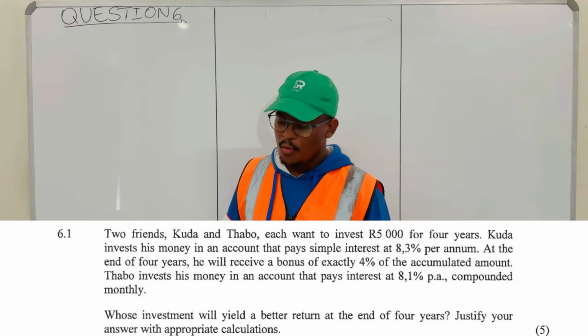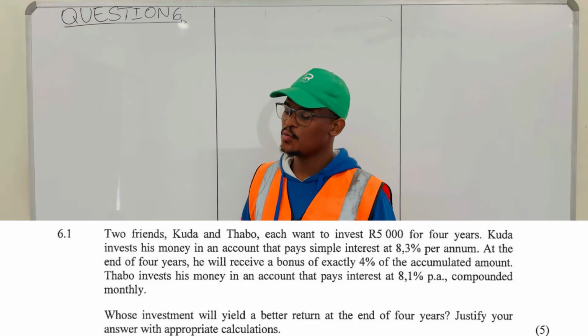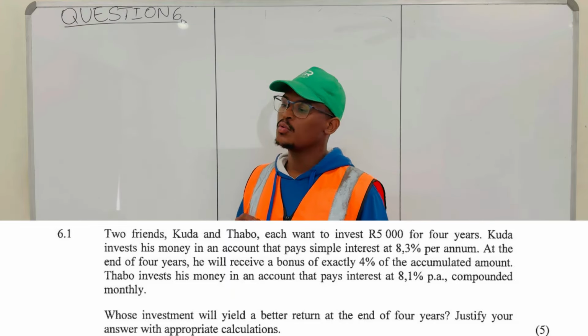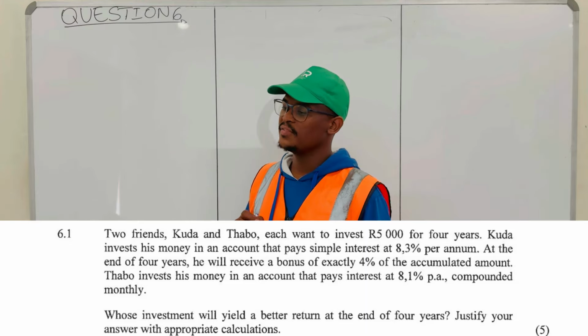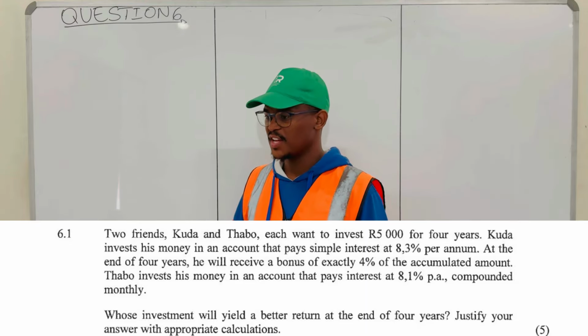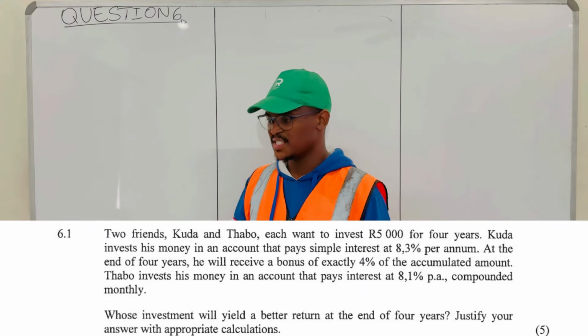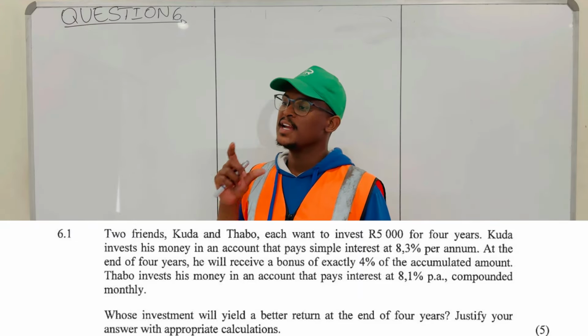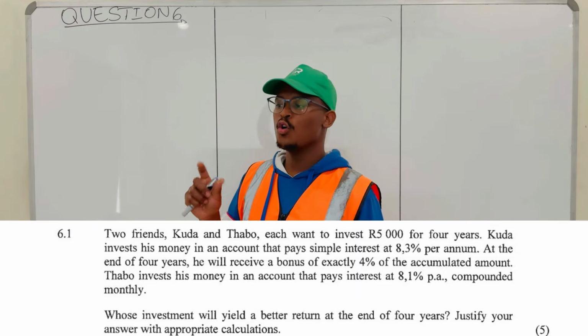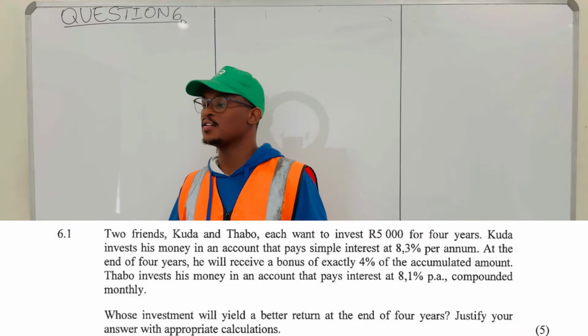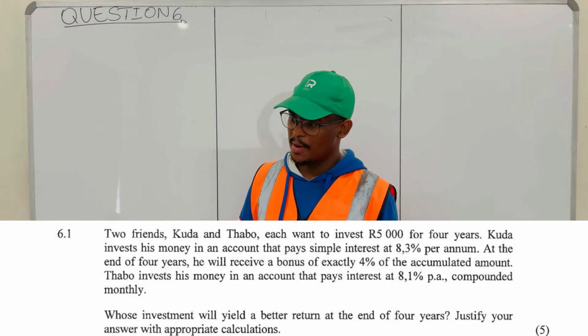What they're saying essentially is, we have two friends here, Kuda and Tabo. Kuda is going to invest his 5,000 in an account that pays 8.3% per annum simple interest. And at the end of 4 years, he will also be given a bonus of 4% of the accumulated amount.